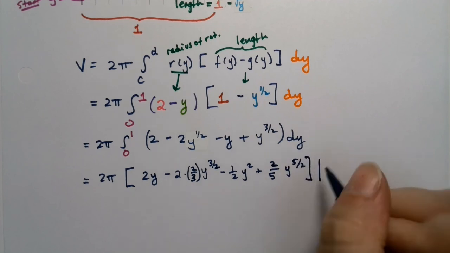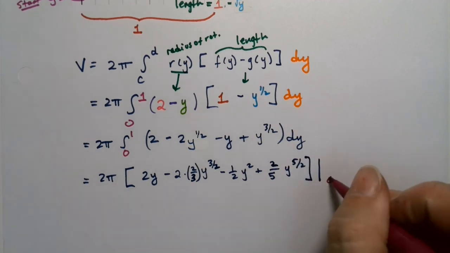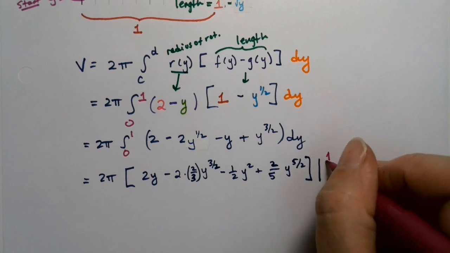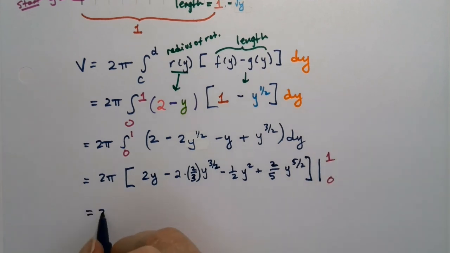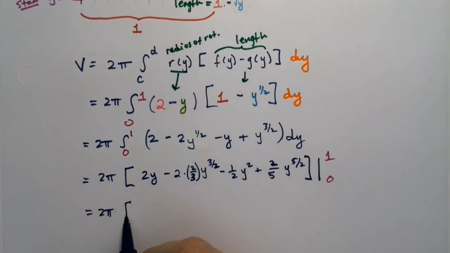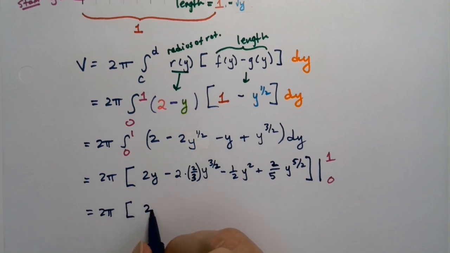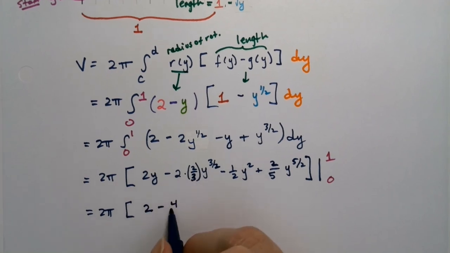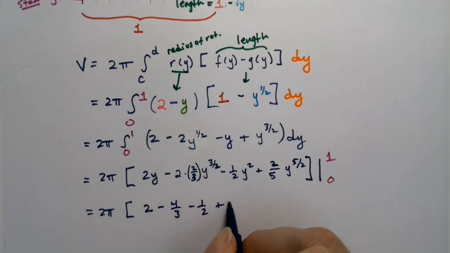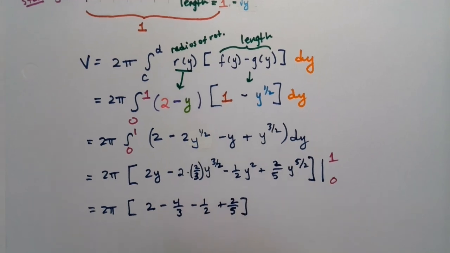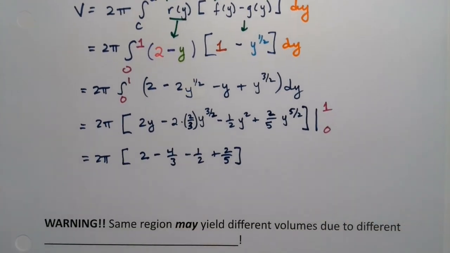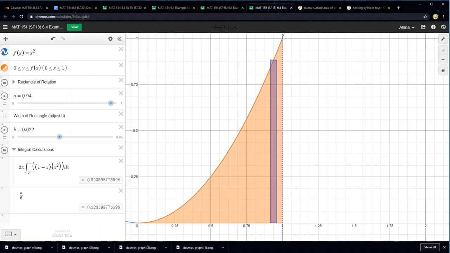Thank goodness we're taking this from 0 to 1 because the 0 is irrelevant. So it's 2 pi times, let's see, 2 minus 4/3 minus a half plus 2/5, which again, Desmos can help us with. This is what Desmos is good for. One of the many things Desmos is good for. So if I grab this example right here, so you can see it.